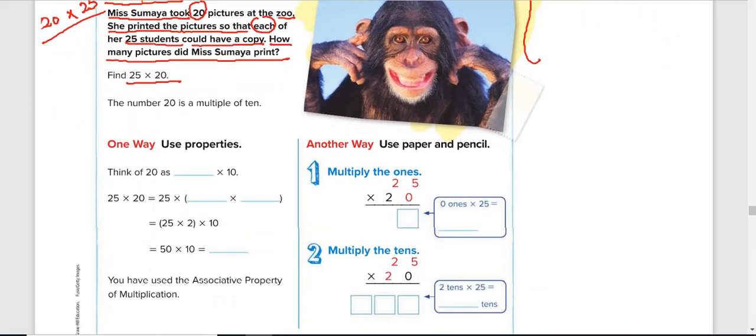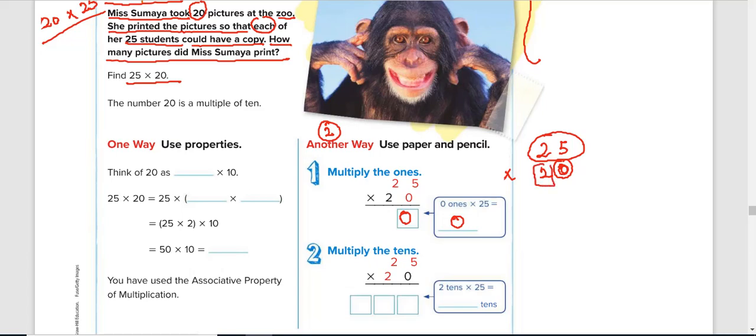So that's why we have 25 times 20. And let's use this another way method first to solve this 25 times 20. It's good to put the number that ends with 0 down while the other number is up. So we have 25 times 20. Remember, in the intro, we said you use the whole of this 25 to multiply the ones place value first, which is 0, and 25 times 0 is 0. Next, you use the 25 to multiply the tens place value, which is 2, so you do 25 times 2, and that's going to give you 50.